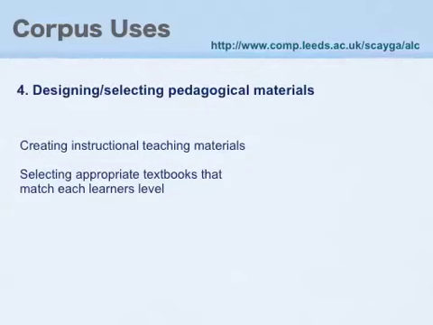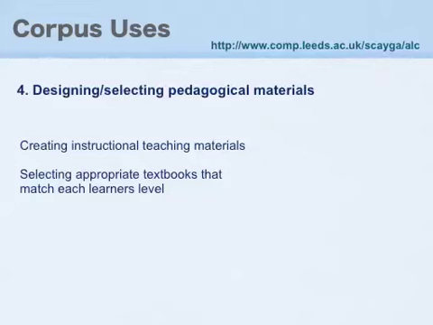The fourth use is designing or selecting pedagogical materials. The Arabic Learner Corpus can be used for creating instructional teaching materials that focus on specific language aspects based on the corpus analysis.